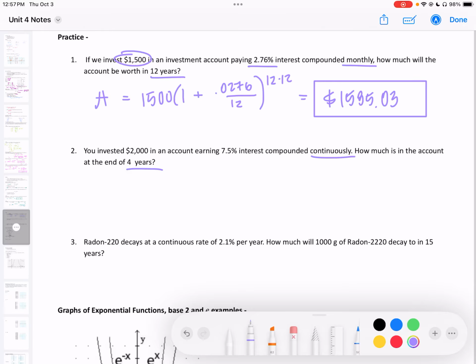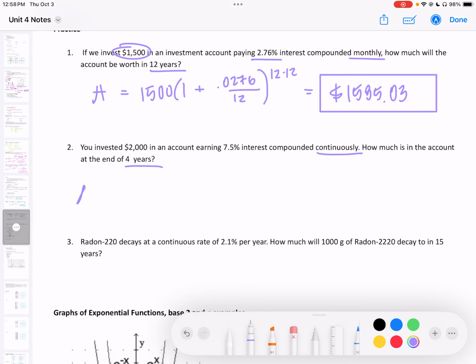On the next one, it is continuous compounding. So we have 2,000 times e to the power of 0.075 times 4, which is going to equal $2,699.72.